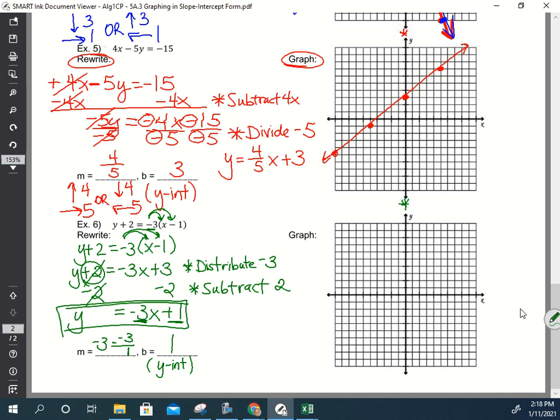Go to the y-axis, put a dot on 1. Since your slope is negative, go down 3, to the right 1, down 3, to the right 1. Keep going until you run out of space. Turn around and go in the other direction: up 3, to the left 1.